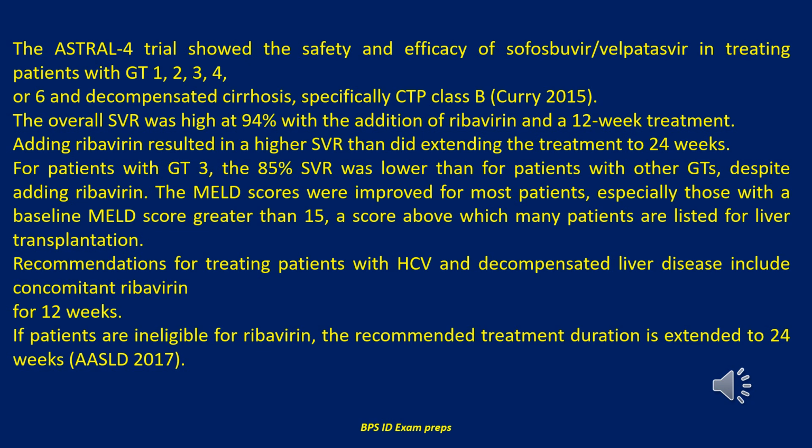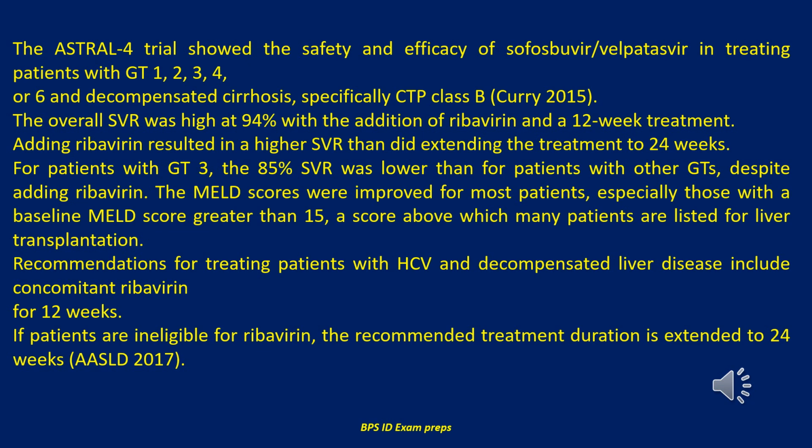Adding ribavirin resulted in a higher SVR than did extending the treatment to 24 weeks. For patients with genotype 3, the 85% SVR was lower than for patients with other genotypes, despite adding ribavirin. The MELD scores were improved for most patients, especially those with a baseline MELD score greater than 15, a score above which many patients are listed for liver transplantation.